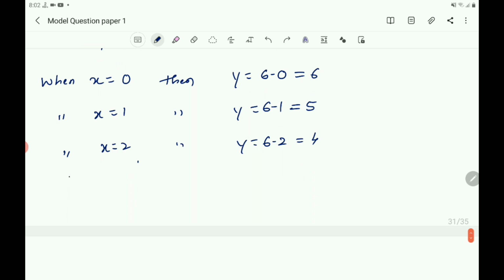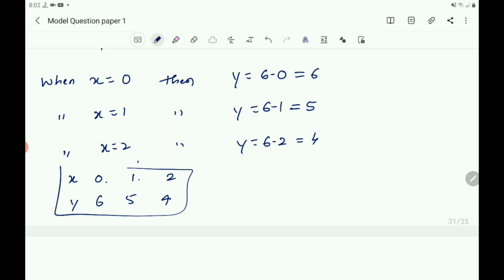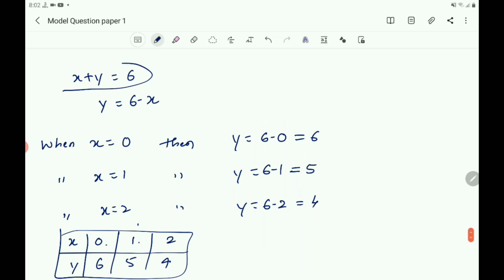The chart: x values are 0, 1, 2 and the corresponding y values are 6, 5, 4. So you got the set of coordinates for the second equation, x plus y equals 6.